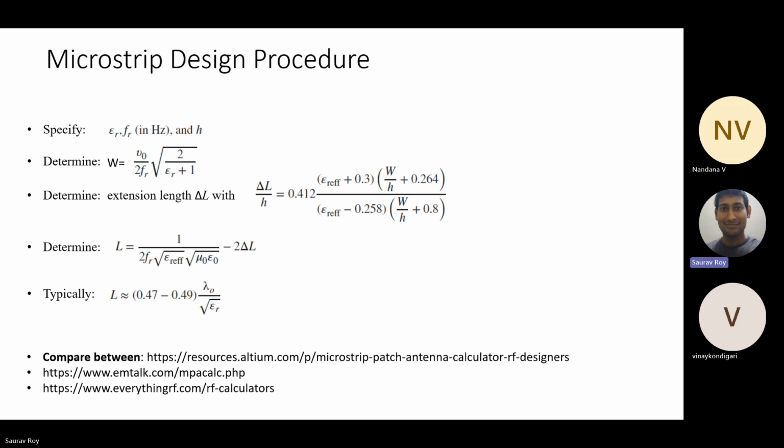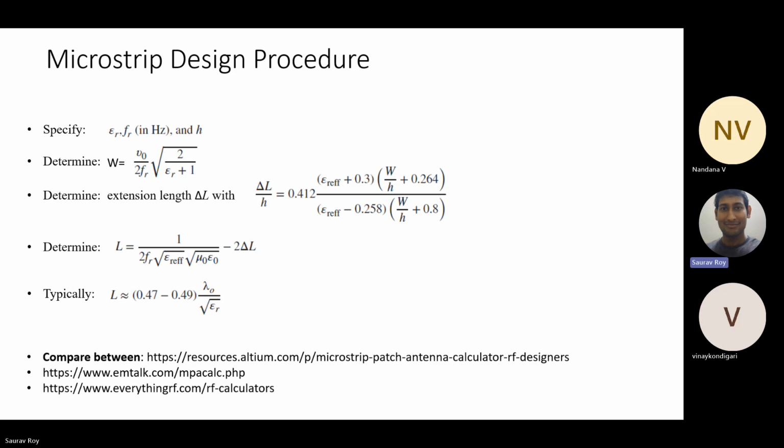Other things you already know. So how to calculate that is given here. I found very good resources on the internet from these websites, so please note them down and compare between them: Altium, EM Talk and Everything RF.